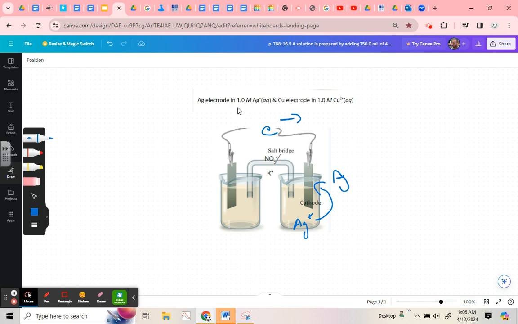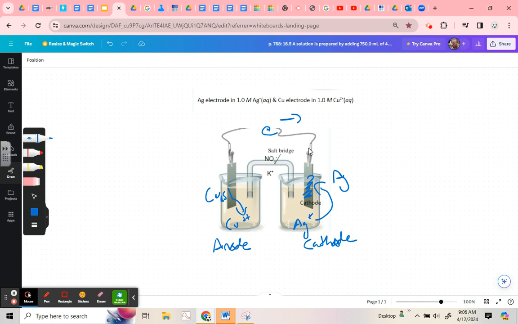And we know that because silver has a much higher potential than copper. So here we have copper solid dissolving into copper ions. The electrons then flow from left to right, from the anode to the cathode, and red cat gets fat. We're getting a buildup of silver onto this electrode.